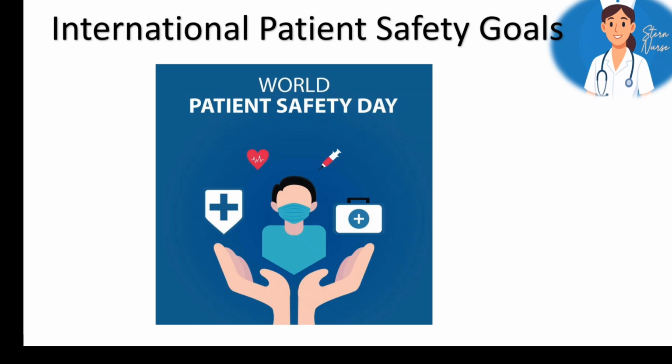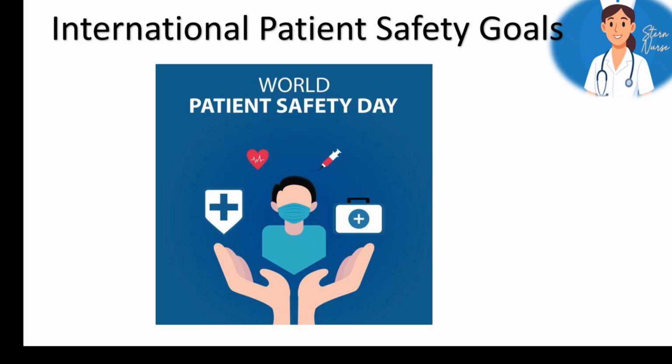During the whole stay of the patient, from admission to discharge, every person handling the patient, no matter whether doctors, nurses, healthcare professionals, pharmacist, or the janitor and the porter, everybody should know these goals and carry them out well in order to enhance the treatment of the patient, plus to avoid any kind of negligence or mishap to the patient, because in any incident it is only the patient who suffers.